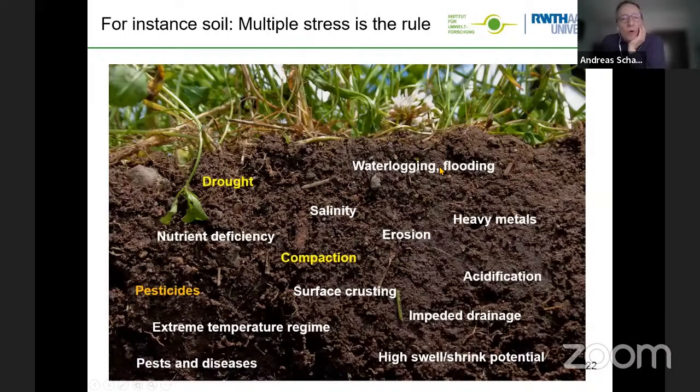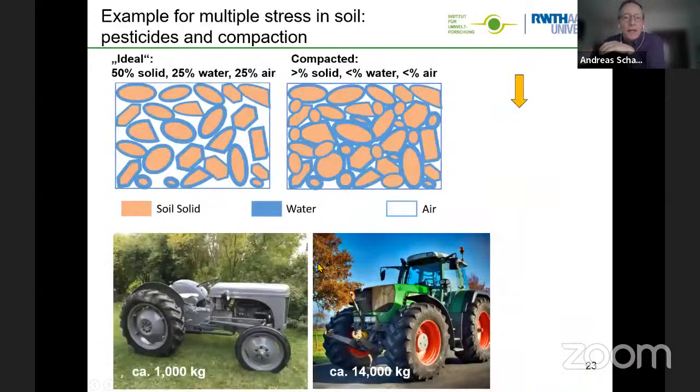In soil, we always have a multitude of further stress factors. So you see all these: surface crusting, temperature, of course diseases, waterlogging, and so on. I will only talk about pesticides. Well, I did this already. I will also show one example on drought and one on compaction. For instance, compaction. If you compare agricultural machinery 20 or 30 years ago, 1 ton, for instance, or 1,000 kilograms, nowadays agricultural machinery is much heavier.